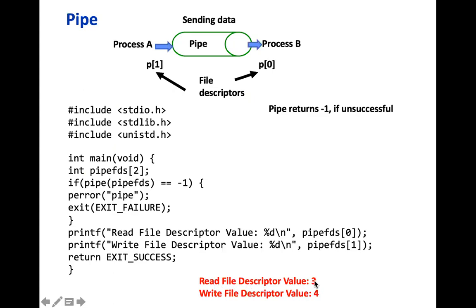The read file descriptor has a value of 3 and the write file descriptor has a value of 4. So if process A wants to write to the pipe, it will use file descriptor 4, and when process B wants to read from it, it will use file descriptor value 3. So P0 will be 3 and P1 will be 4.